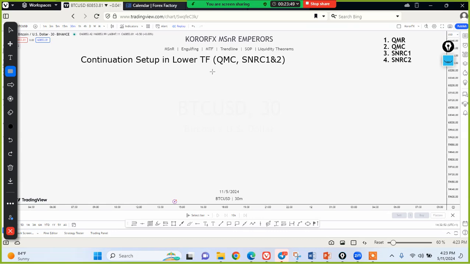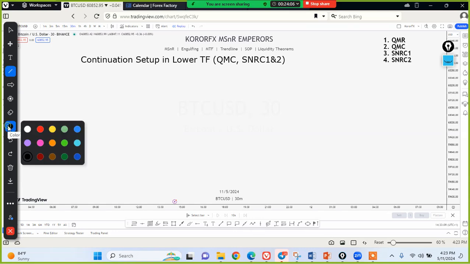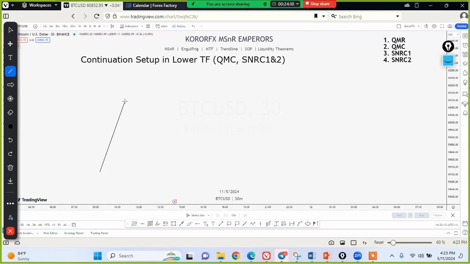Let me teach you the QMC. QMC comes with multiple confluences. It means there are many reasons that are in line with the QMC. How does it look like? Let us say when we are selling, the market goes up and then it goes down.